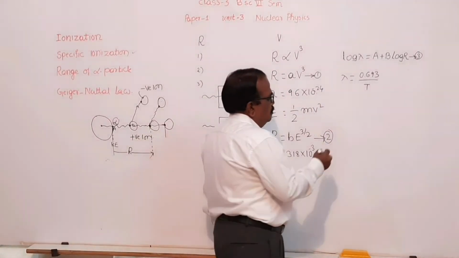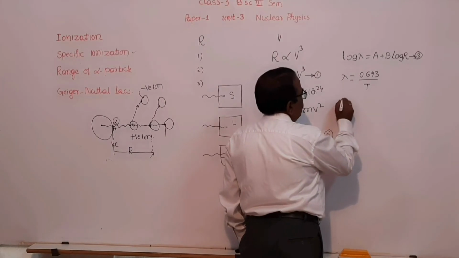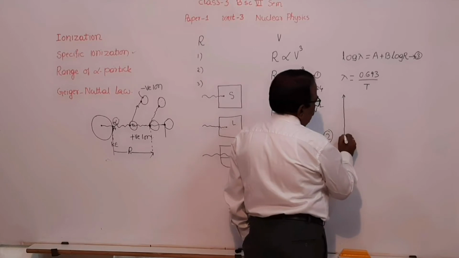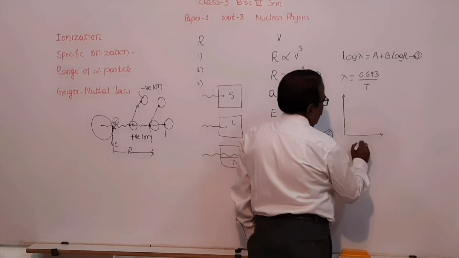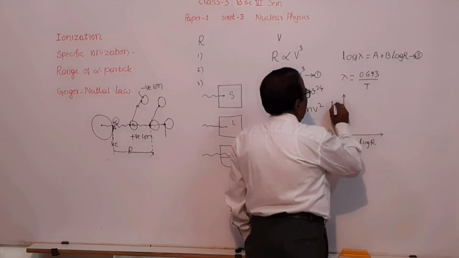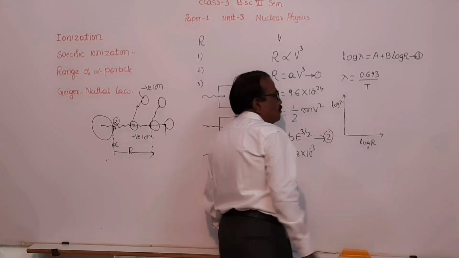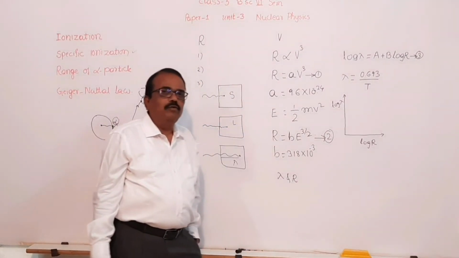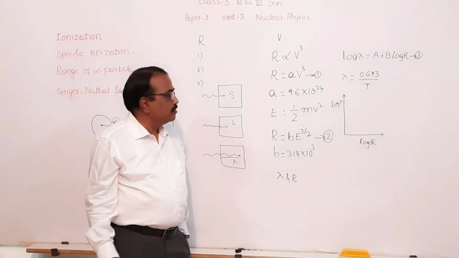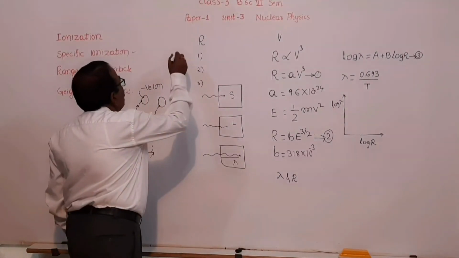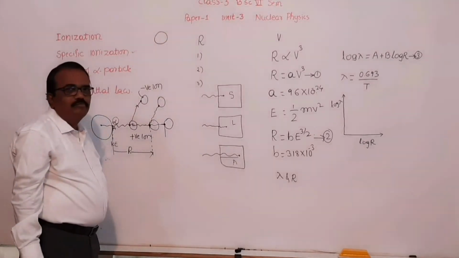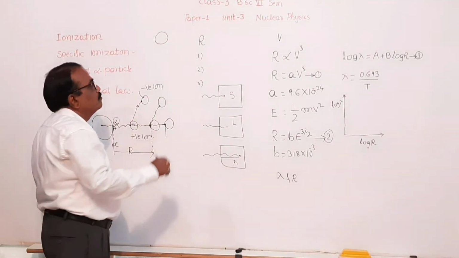And they have plotted, using equation 3, this graph as log R versus log lambda for different series of radioactive elements. What do you mean by different series of radioactive elements? Assume that this is radon, a radioactive element.